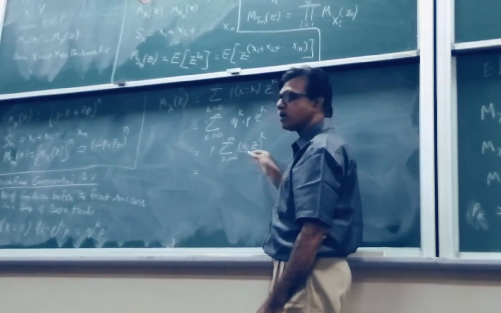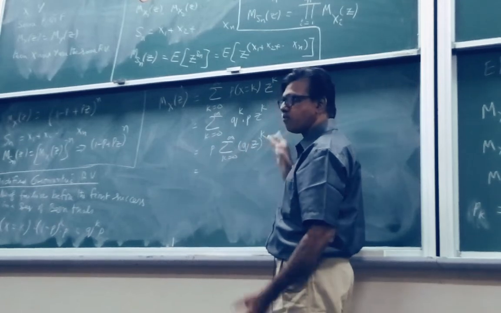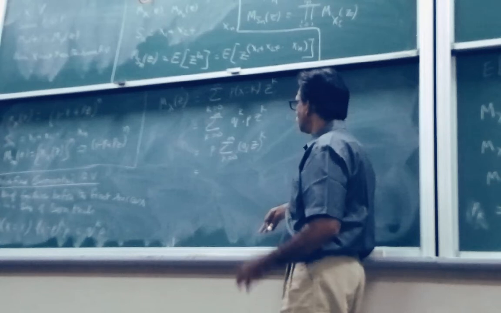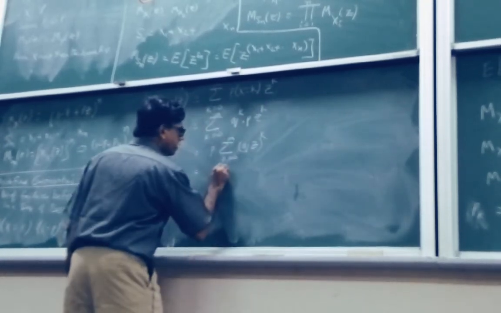If you take the modulus of z, this will converge only for those z whose magnitude is less than 1. So for that it will be p divided by 1 minus qz.